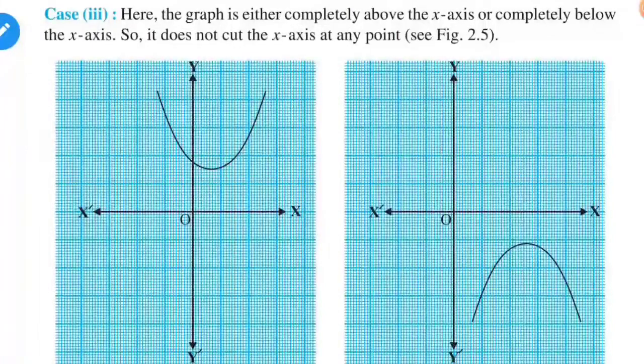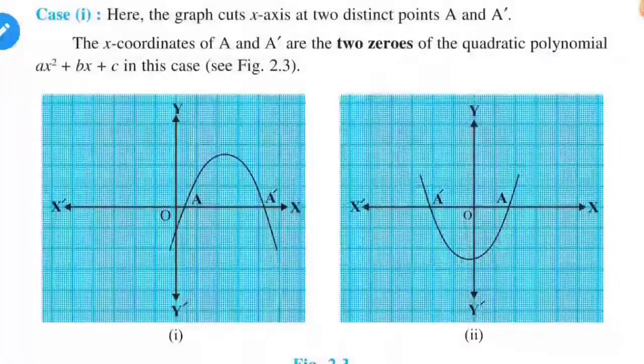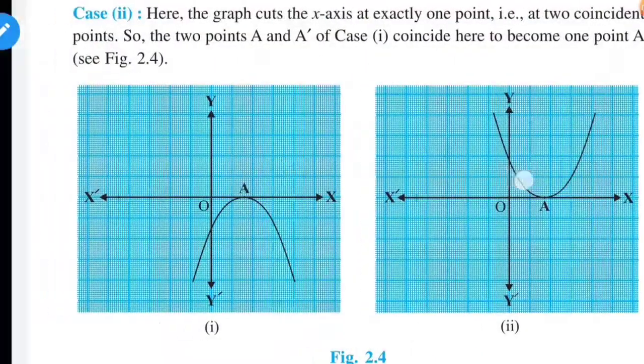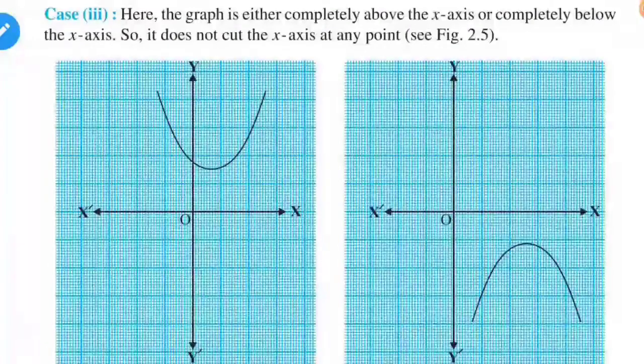And in third case the graph does not touch the x-axis. There is no intersection point with the x-axis. So in this case the quadratic polynomial has no zeros. In first case two zeros, in second case one zero, in third case no zero.